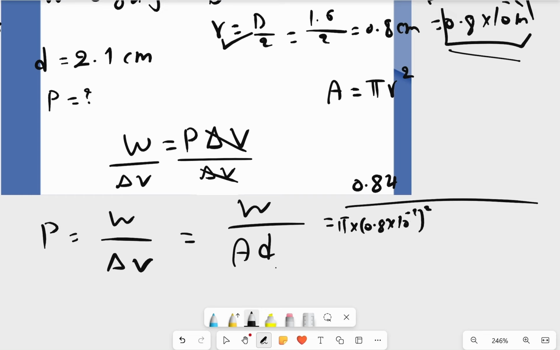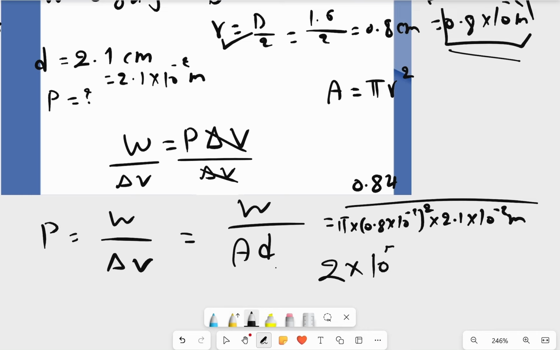Make sure to square this, times distance, which was equal to 2.1 centimeter. Make sure to change this to meter: 2.1 times 10 to the power of minus 2 meter. Calculate all of this and you should get 2 times 10 to the power of 5 Pascal, this is rounded up by the way. This is the pressure of the piston.